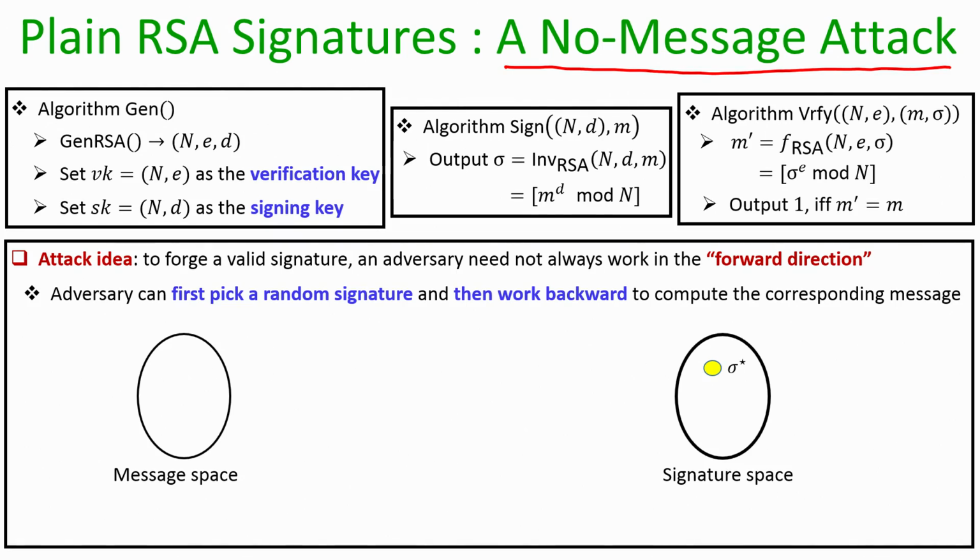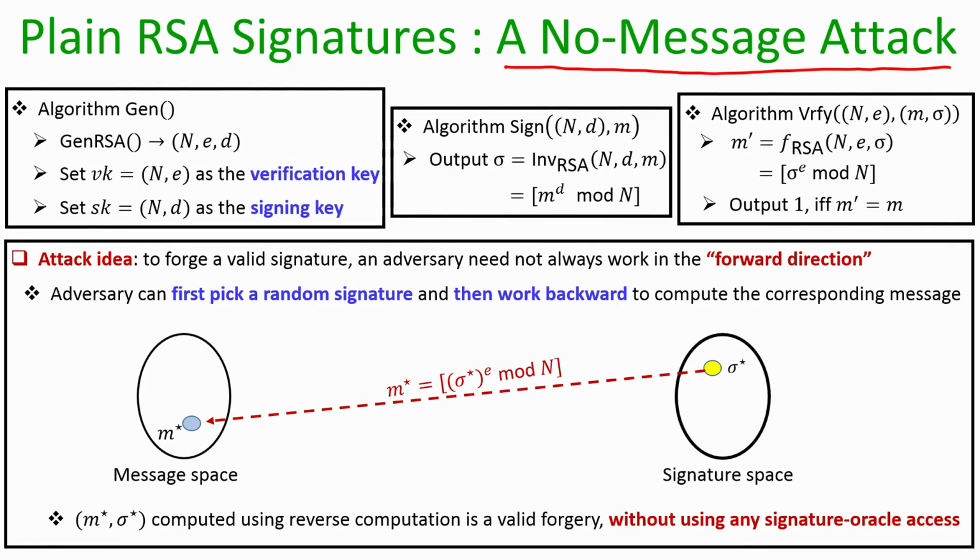And it is easy to see that by picking a random signature sigma star, the corresponding message m star which would have produced this signature is nothing but the picked sigma star raised to the power e modulo n. Because if indeed my m star is sigma star raised to the power e modulo n, then this pair m star, sigma star constitutes a valid RSA signature as per the RSA verification algorithm.